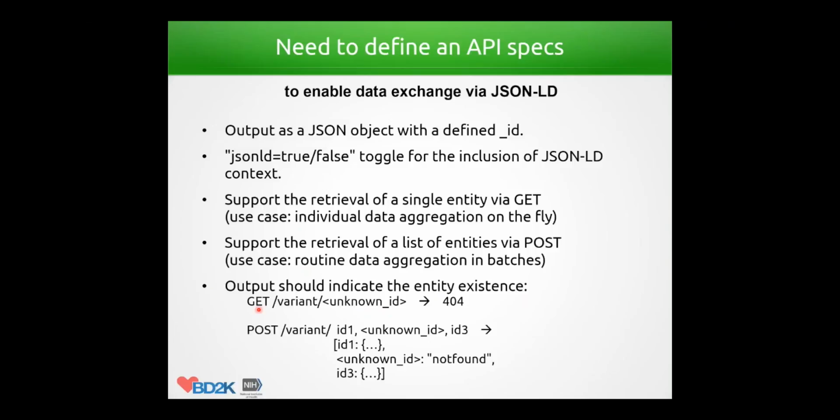I would like to see all APIs implement this and return the standard 404 status code instead of just returning some error message, because those error messages can be arbitrary. It's hard to have a generic way to tell whether it exists or not.